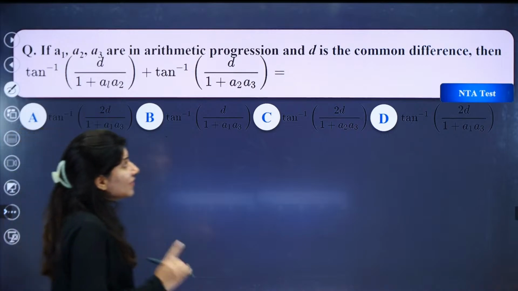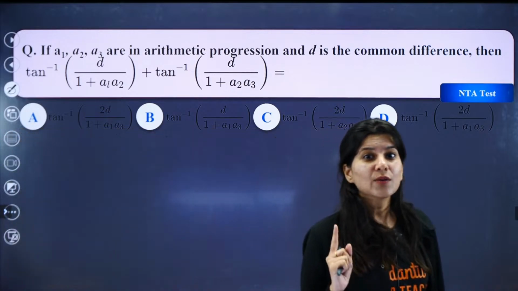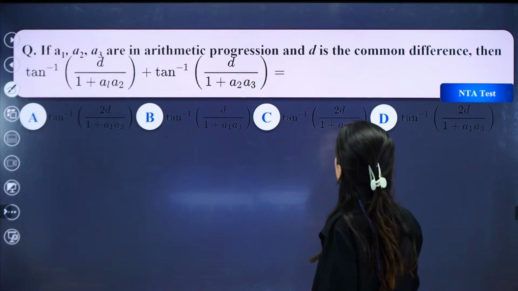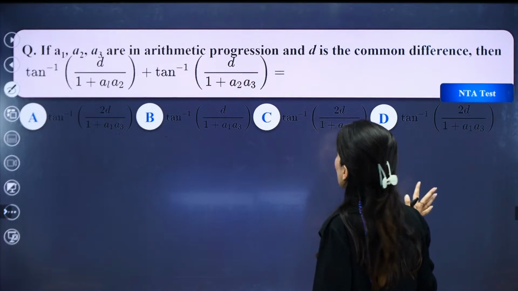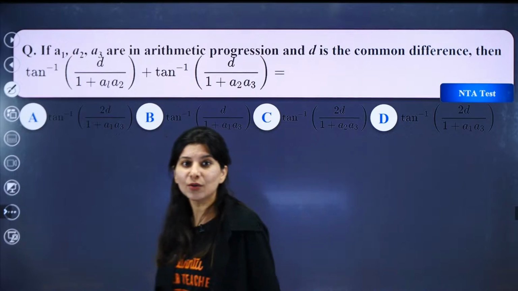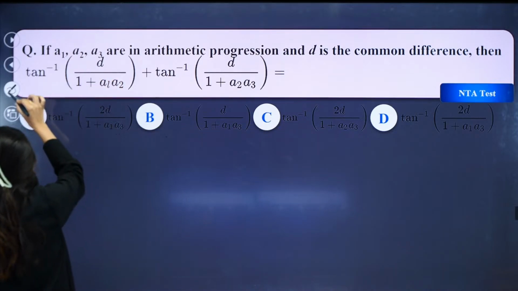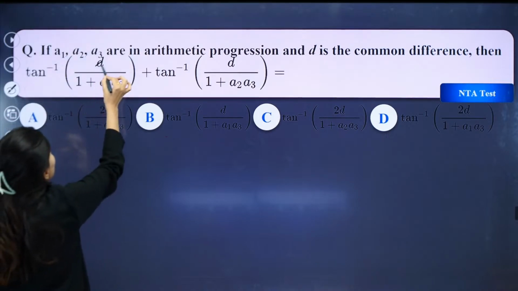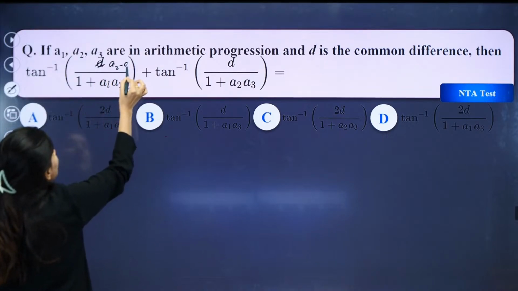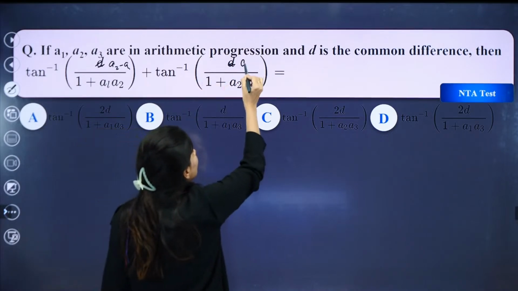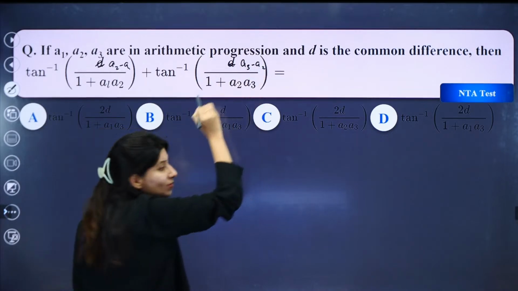Now again, we have inverse trigonometry and sequence and series combined effect over here. A1, A2, A3 are in arithmetic progression, and D is the common difference, and that's what we are looking for. So can you see this? D is the common difference. This D definitely can be replaced by A2 minus A1, and this D can be replaced by A3 minus A2. That is sum of 2 consecutive terms of an AP.